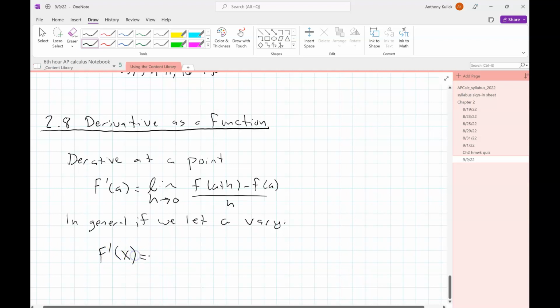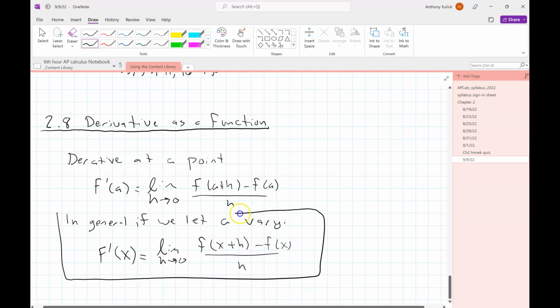And I'm going to use x then as my variable in place of A. And we call this guy the derivative of f.